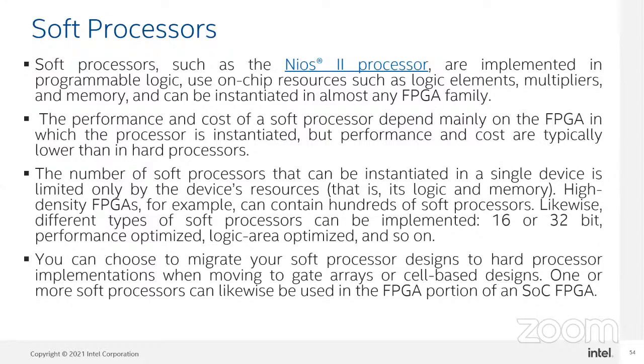What is very important in this case is that sometimes we need to migrate from the soft core processor to the hardcore processor because you want higher performance. In some cases, when you work on an embedded system, it is easily possible to migrate from the soft core processor based embedded system design to hardcore. That means you can directly migrate your soft processor designs to hard processor implementations. That is also possible.